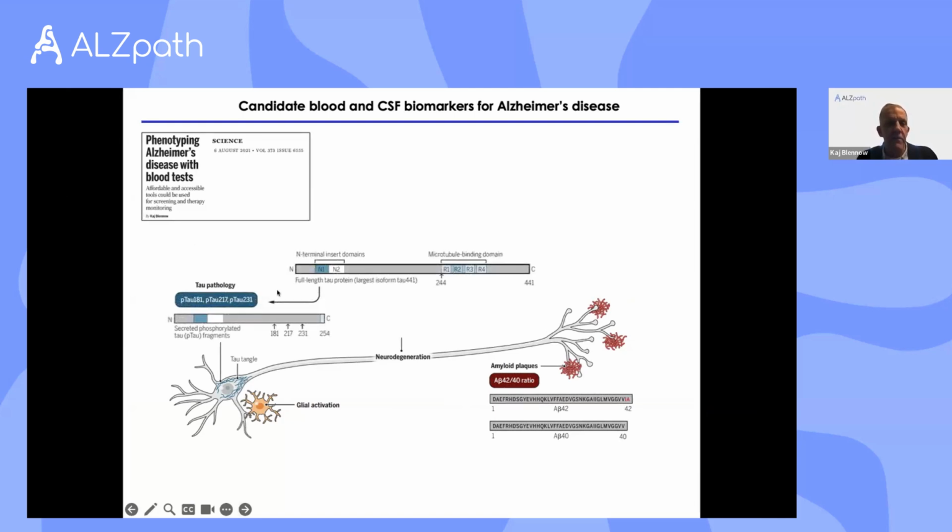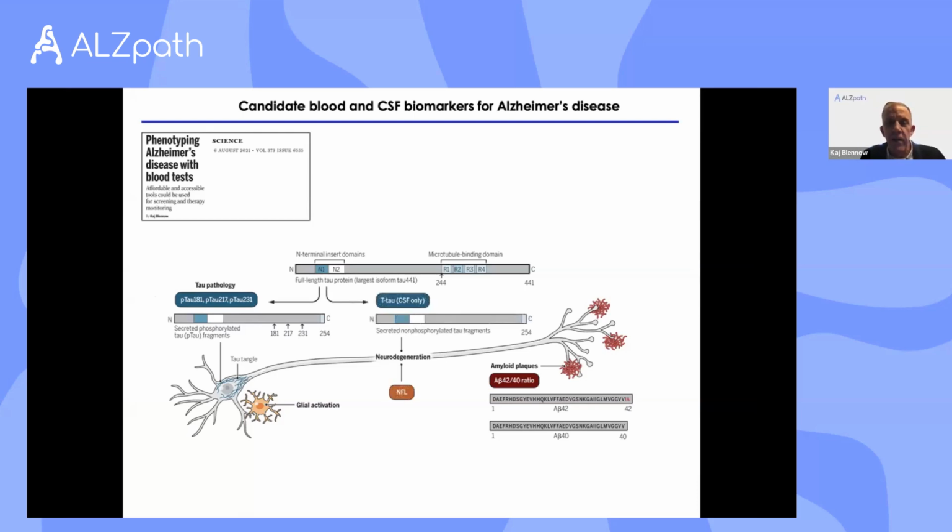Then you have phosphorylated tau. There are some different variants that we heard about, 181, 217, 231, and a number of others actually. And we know that tau is cleaved into secreted fragments, most likely in response to amyloid aggregation and toxicity.